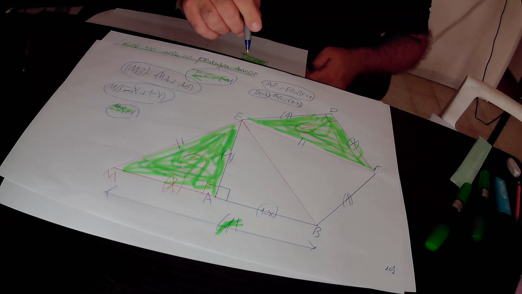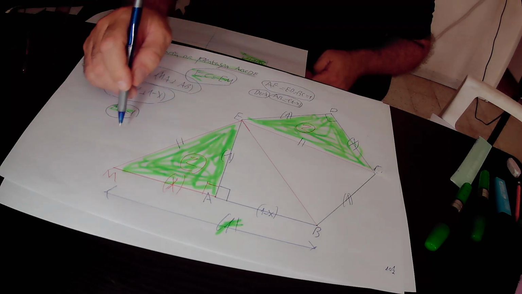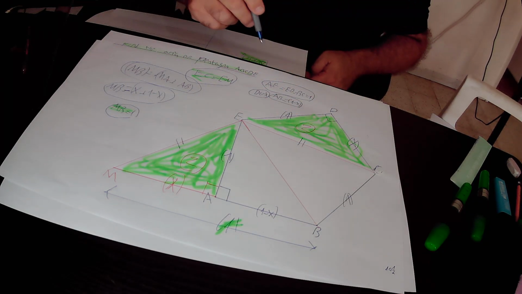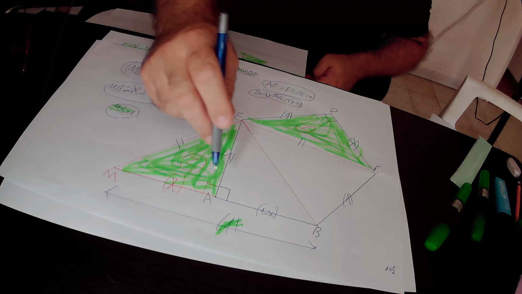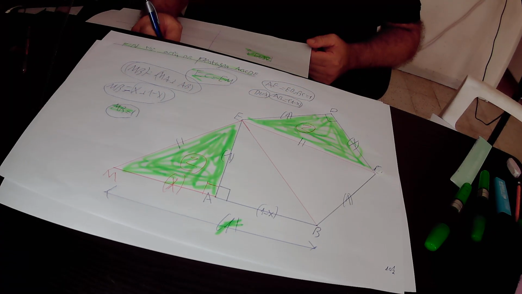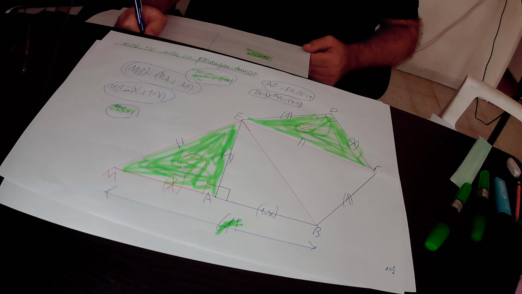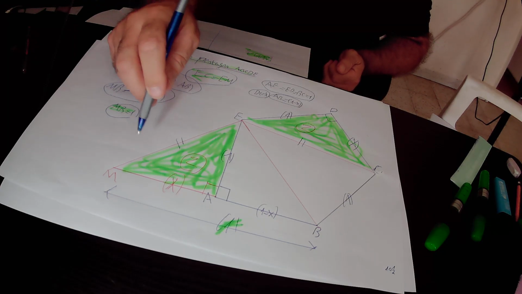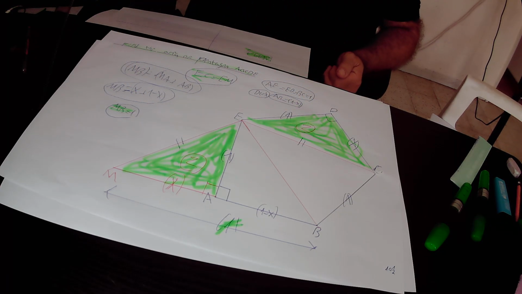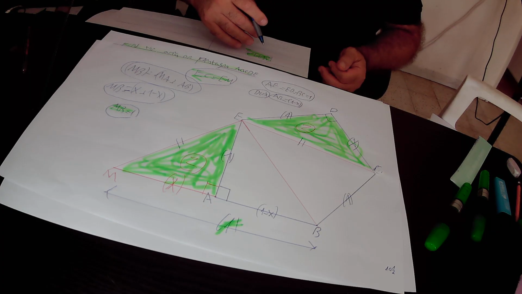In the next step we will focus on this big quadrangle EMBC. What is the area of this big quadrangle EMBC? Actually, the area of this big quadrangle EMBC must be equal to the sum of the areas of the shapes that it consists of.